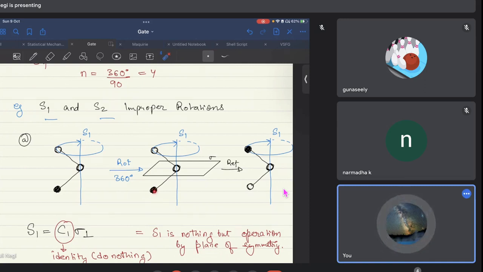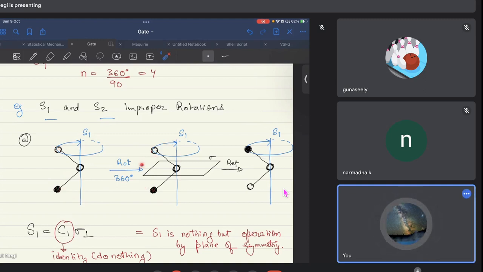So this black one, after the rotation of S1: what is S1? n equal to 1 means it is doing a full rotation, that is 360 degrees. That means it is actually doing nothing. So the rotation of 360 degrees, this will rotate and come back here, this will rotate and come back here. So this will be my configuration.